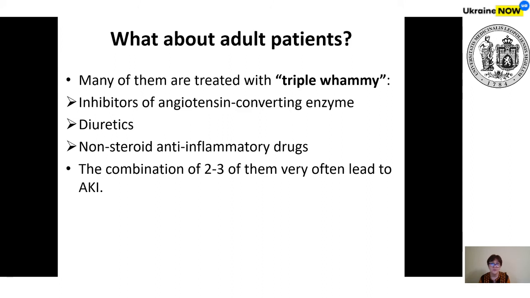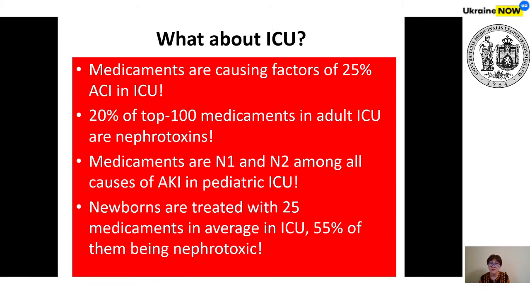What about adult patients? Many of them are treated with the triple whammy: inhibitors of angiotensin-converting enzyme, diuretics, and non-steroid anti-inflammatory drugs. The combination of 2 or 3 of them very often leads to acute kidney injury. What about intensive care units?